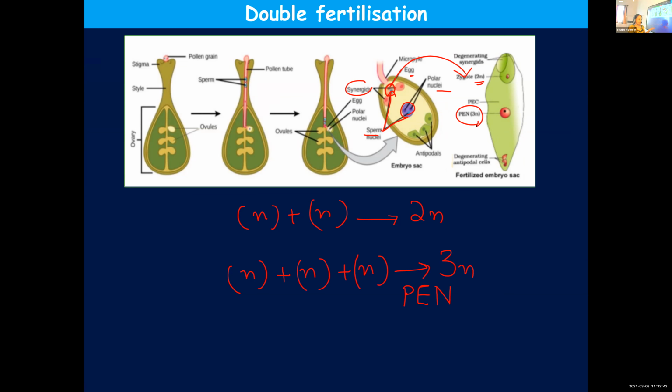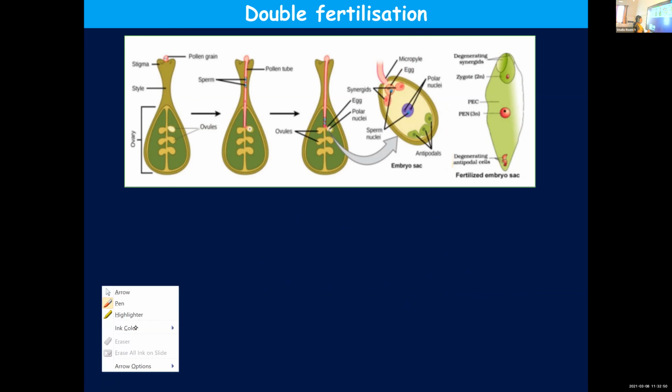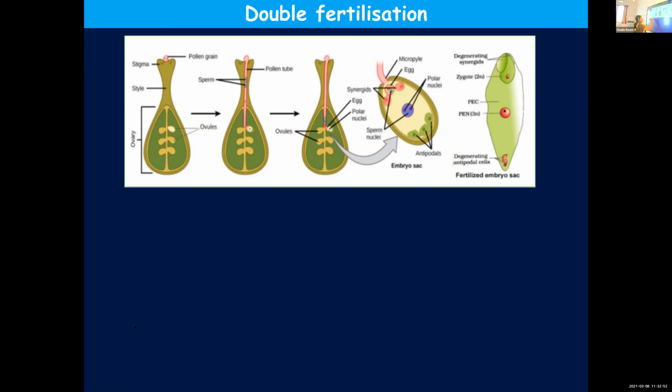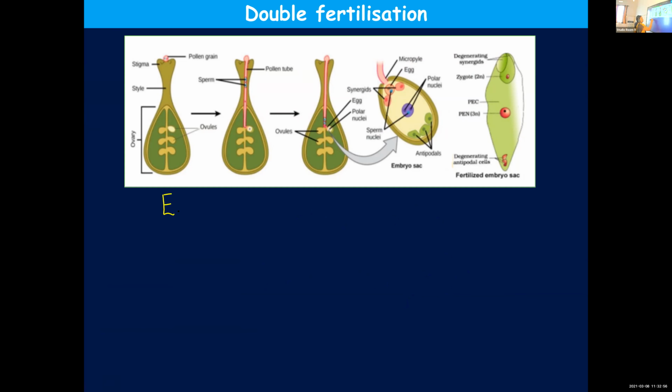And once again, I will repeat. As you know, each pollen grain has got two male gametes.